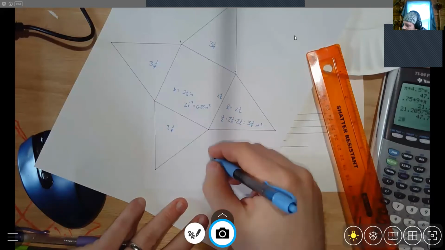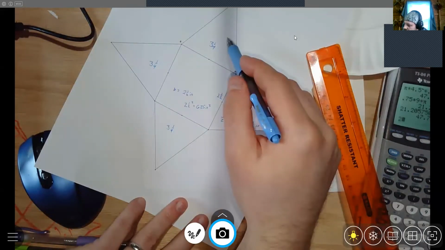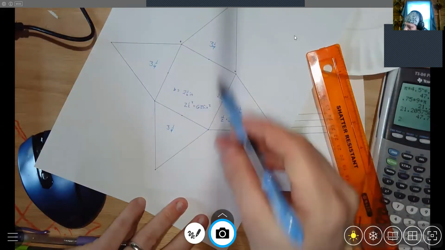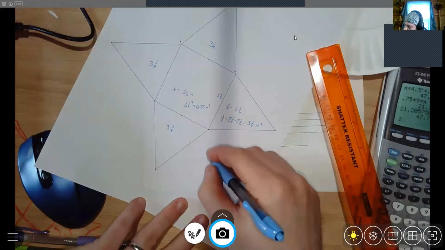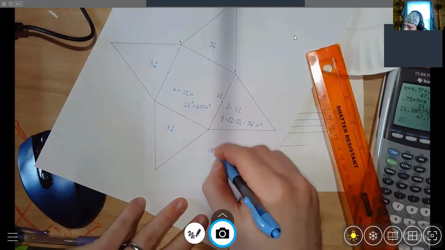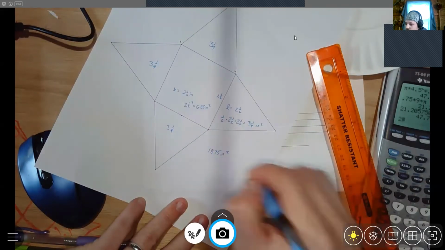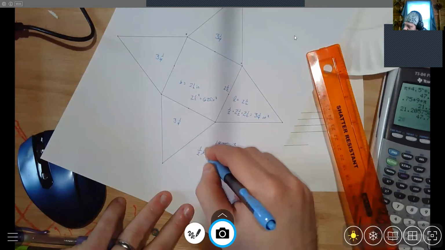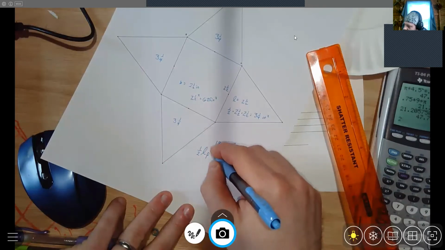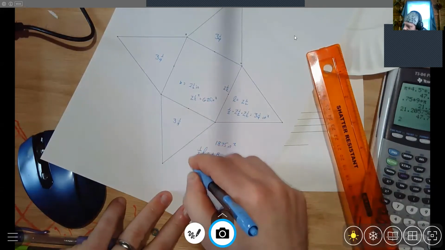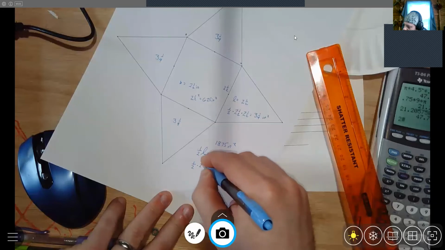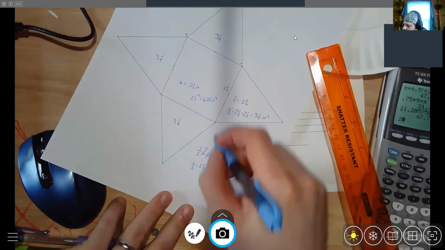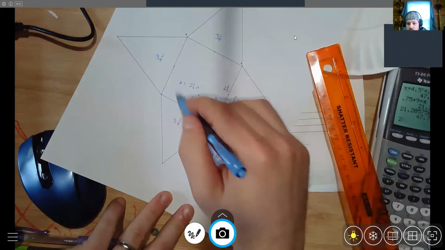So you say, okay, what is the surface area of this pyramid? I just got to add that all up, right? So we got 6.25 here, 6.25 here, 12.5 plus the base, 18.75 square inches. Now, the formula is 1/2 slant height perimeter of the base plus the area of the base. So we knew the slant height is 2.5. The perimeter of the base is 2.5 plus 2.5 plus 2.5 plus 2.5.